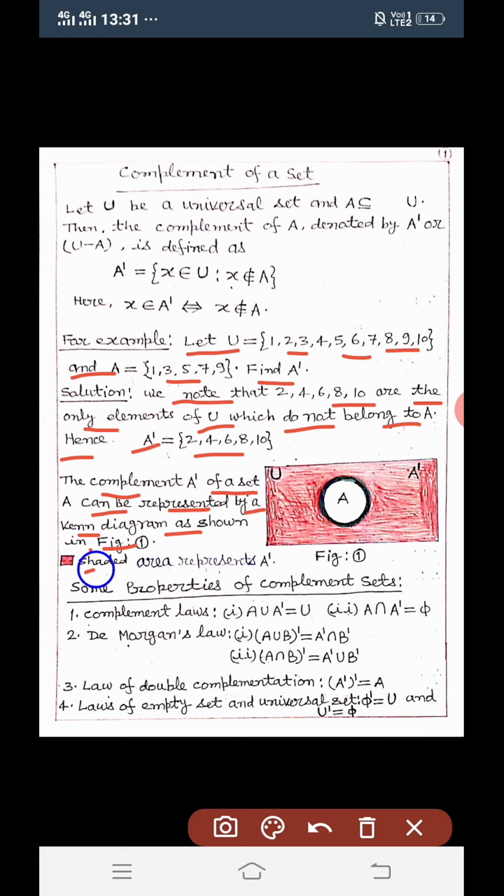The shaded area represents the complement of set A. Dear students, the complement of the union of two sets is the intersection of their complements, and the complement of the intersection of two sets is the union of their complements. These are called De Morgan's laws. These are named after the mathematician De Morgan.